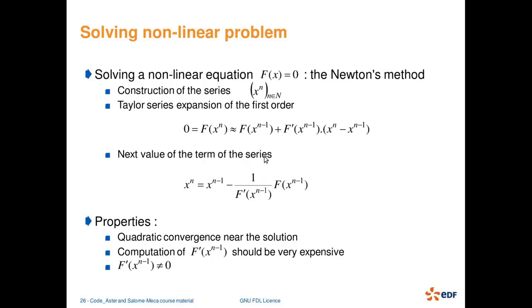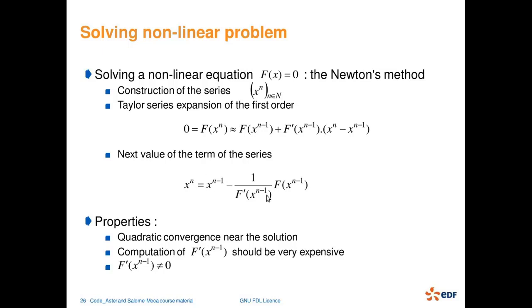And in that case, the next solution at the next step, the solution giving me 0, will be obtained from this equation. This is the famous Newton-Raphson method. And that is what is basically used in the finite element context in almost all the nonlinear solvers, including Code-Aster or Salome-Meca.